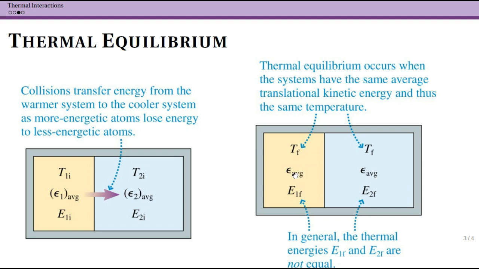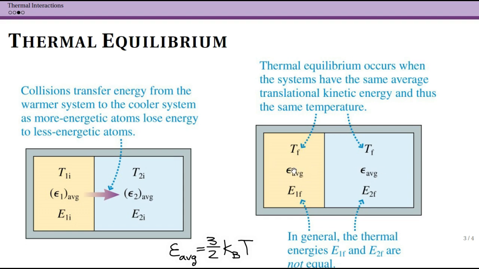And the relationship between microscopic kinetic energies and temperature does not depend on how much gas there is. It doesn't depend on the number of moles or the number of atoms. So we see that we can directly relate temperature and microscopic kinetic energy. Thinking about energy transfer is really thinking about the microscopic kinetic energy.